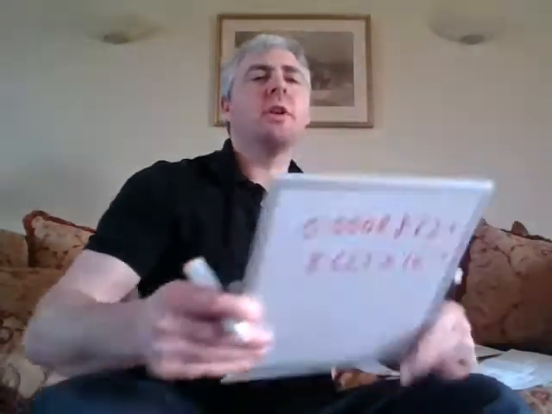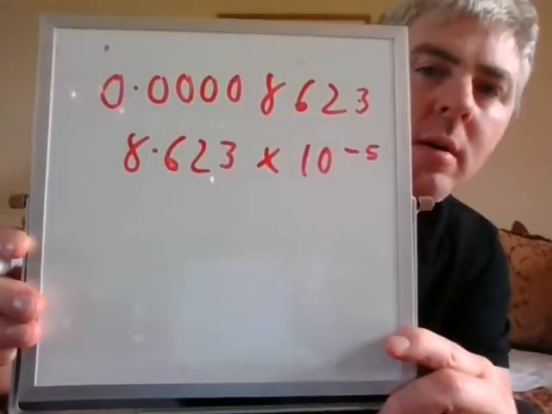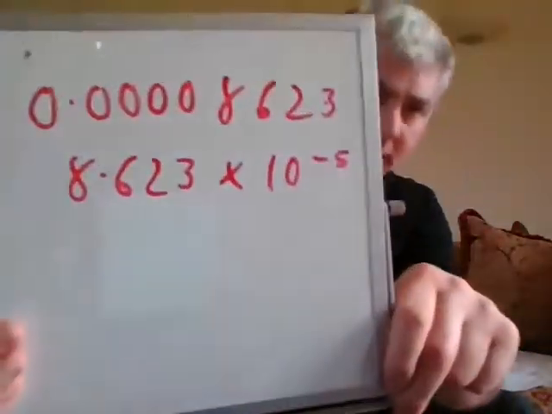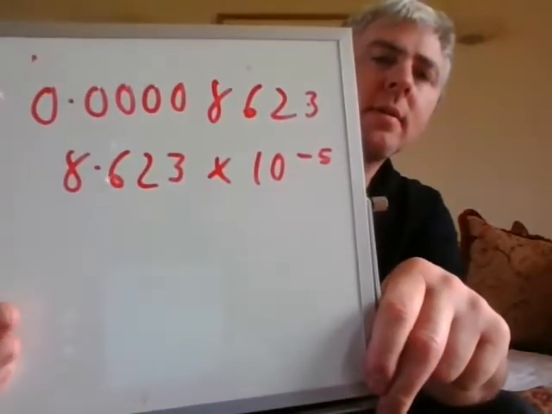If we look at this here, that's 5 noughts there, 8623, so 8.623 times 10 to the minus 5. That's standard form there.